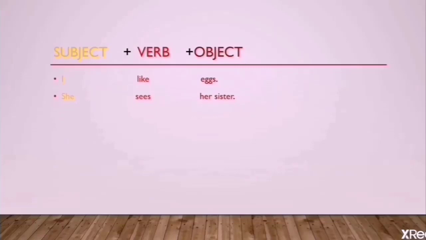She sees her sister. She is a subject. Sees is a verb. Her sister is an object. He is reading a book. He is a subject. Is reading is a verb. A book is an object.